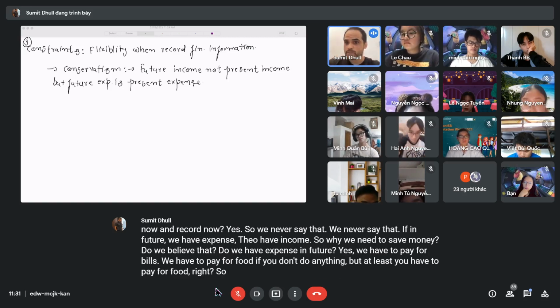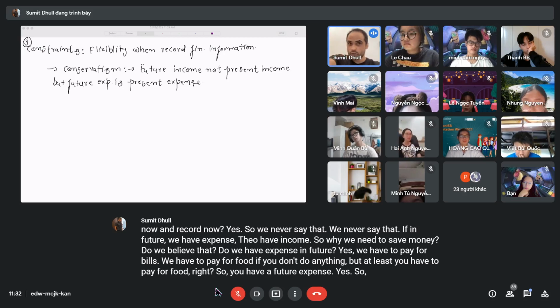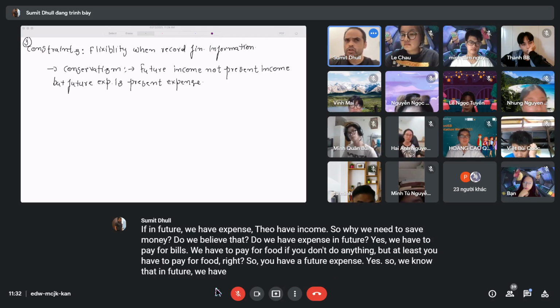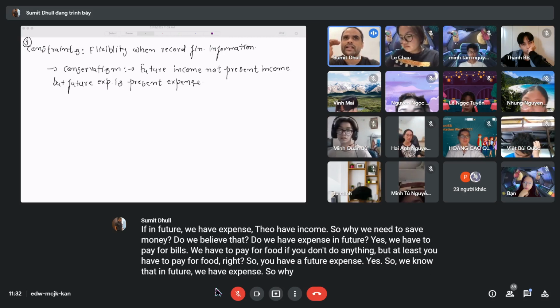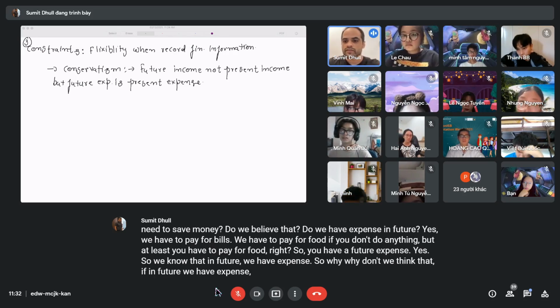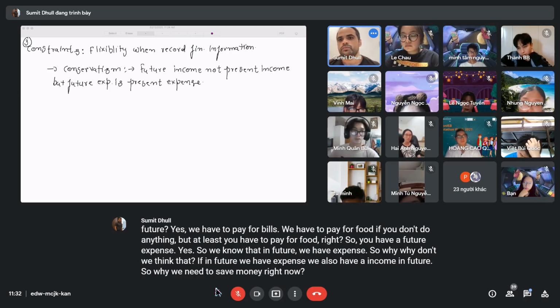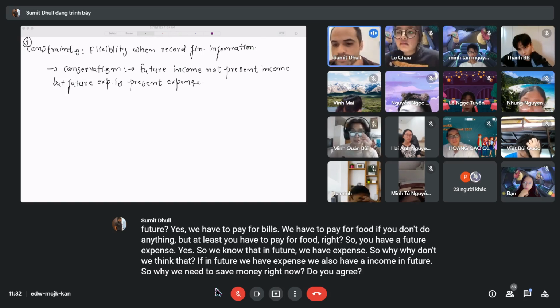So we know that in future we have expense. So why don't we think that if in future we have an expense, we also have an income in future? So why do we need to save money right now? Do you agree? Disagree?